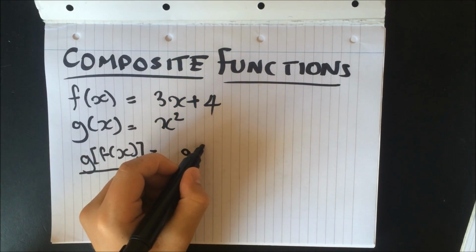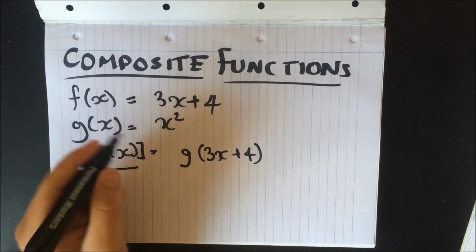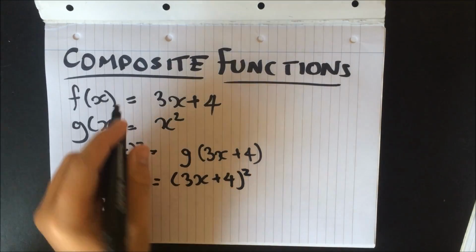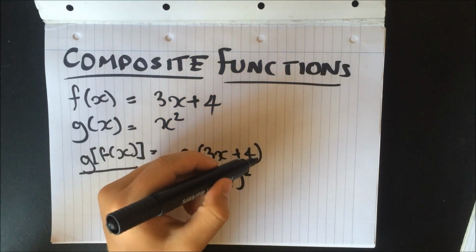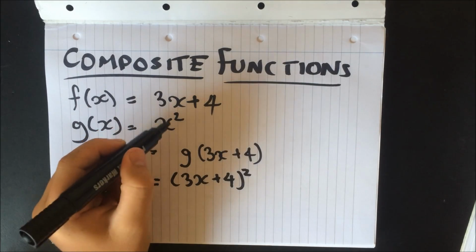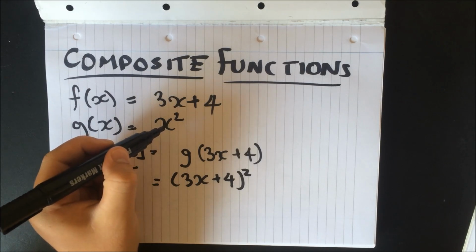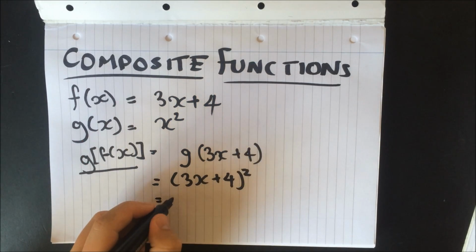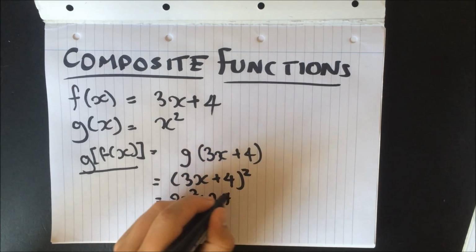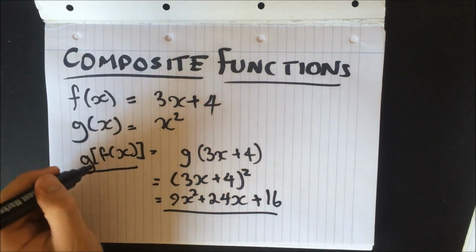So you're still doing the function, so g of 3x plus 4. So that then goes to 3x plus 4 squared. So basically, wherever you see an x in your g of x, you would put the f of x function into that space. So this would then go to 9x squared plus 24x plus 16. So that would be g of f of x.